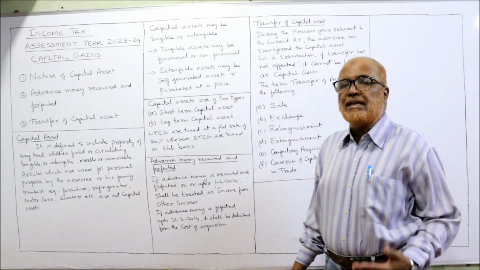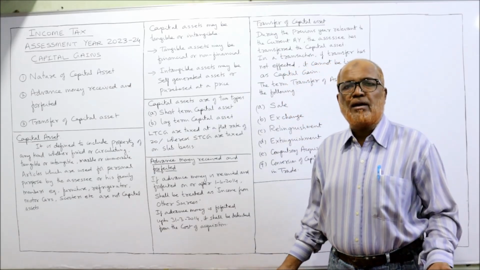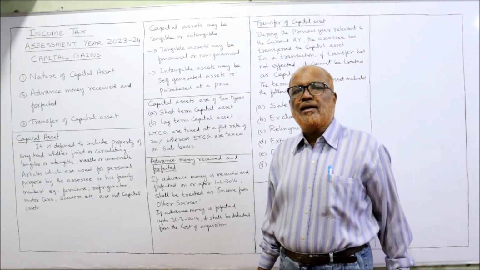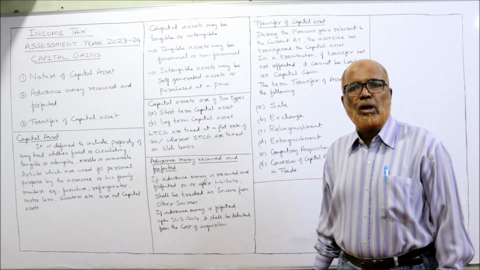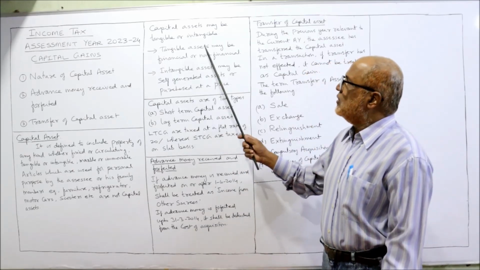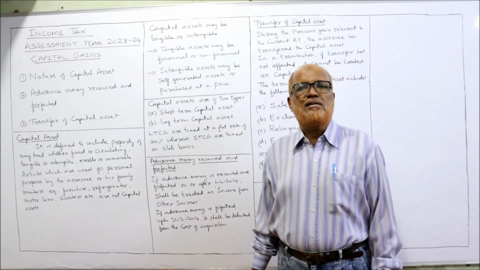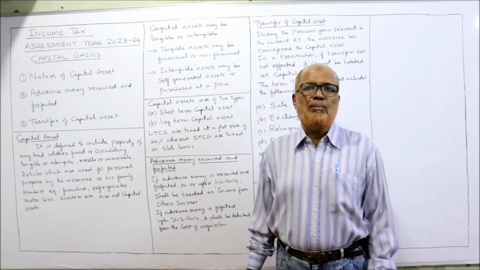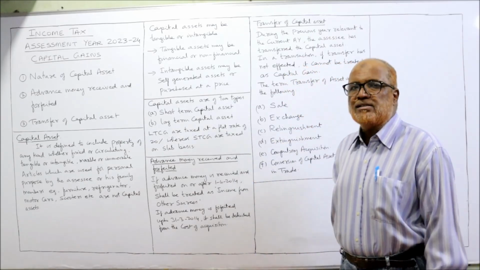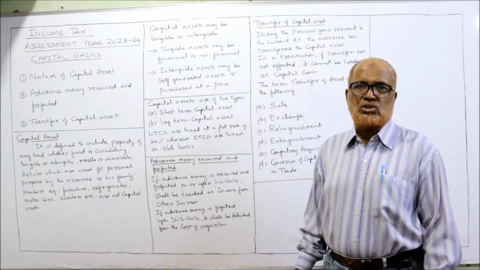Next, capital assets may be tangible or intangible. Tangible capital assets may be non-financial or financial. Non-financial are like gold, property, ornaments. Financial tangible assets are like shares, debentures, bonds, securities, etc. Intangible assets may be self-generated, or sometimes purchased.